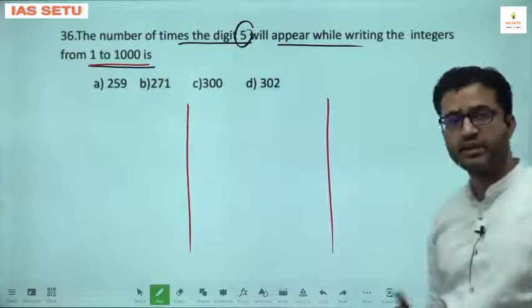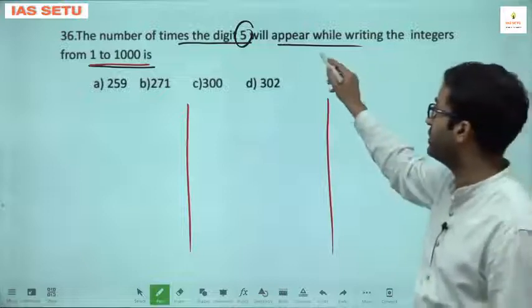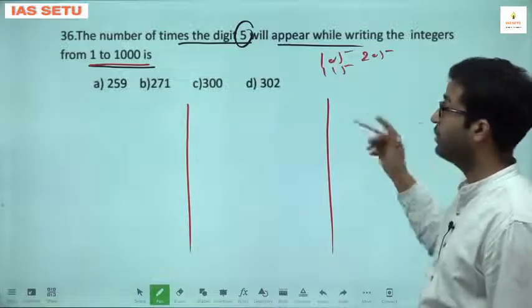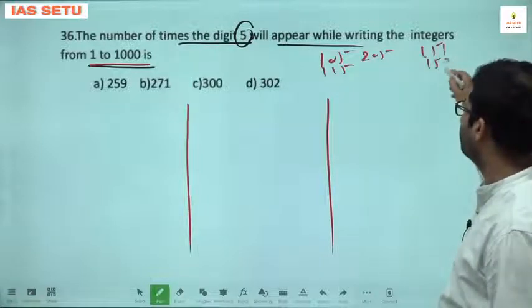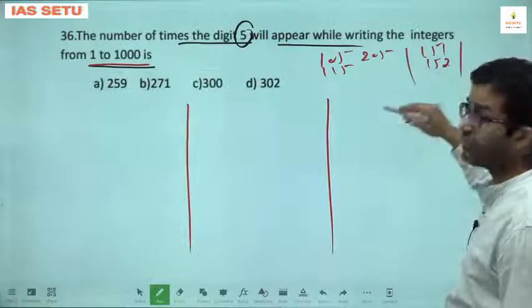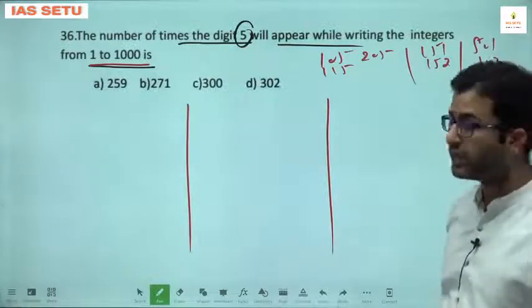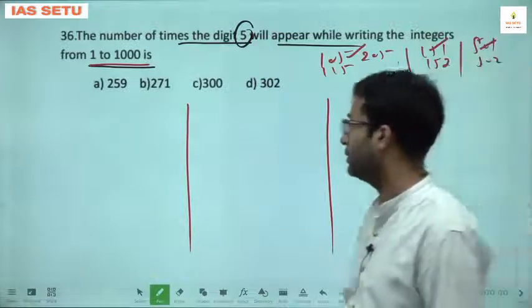Just see this question. See, 5 can appear at the 100 place, at the 10 place, or at the unit place. Like unit place: 105, 205, 115. 5 can appear at the 10 place like 151, 152, 153. 5 can appear at the 100 place: 501, 502, 503. So I count these separately.